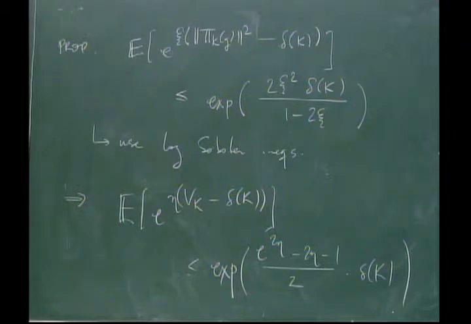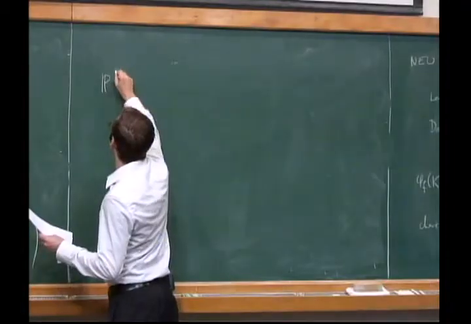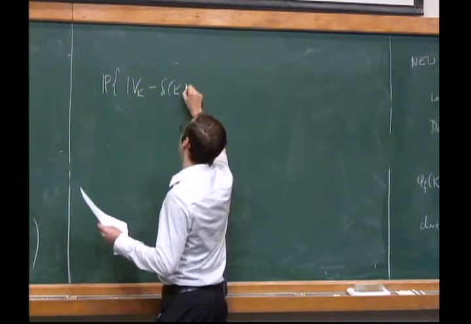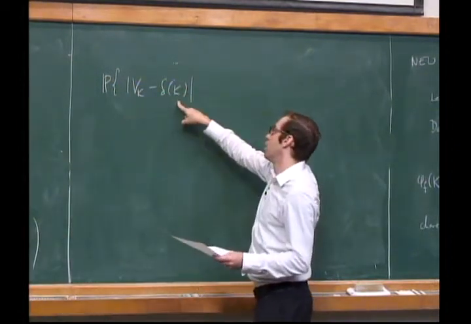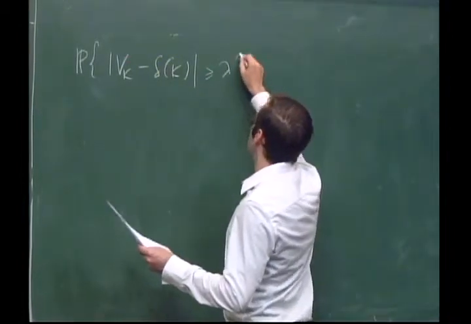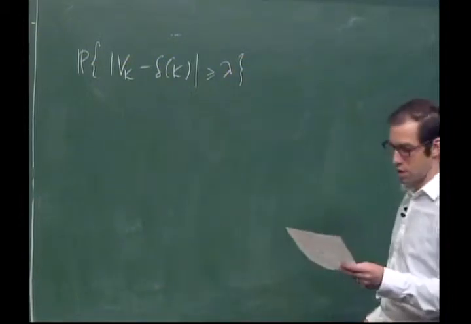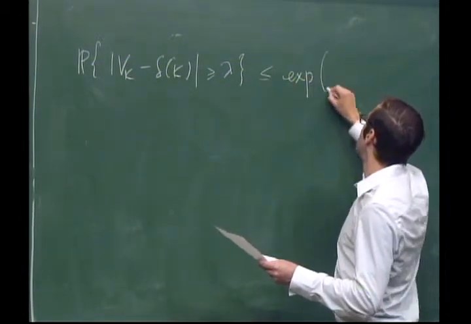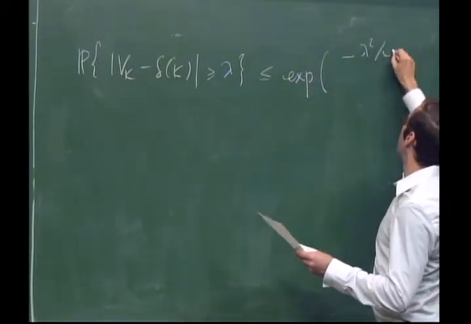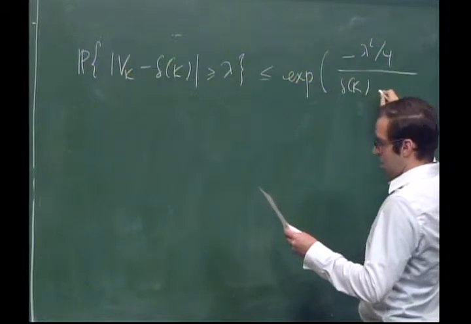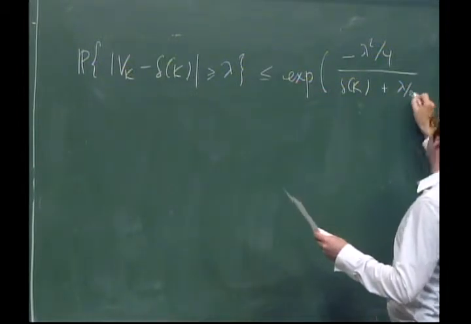And what this tells you is that, once you apply the Bernstein method, the probability that the intrinsic volume random variable is close to its mean, or more precisely, the probability that it exhibits a large deviation from its mean, is bounded by the exponential of minus lambda squared over 4 over delta k plus lambda divided by 3.